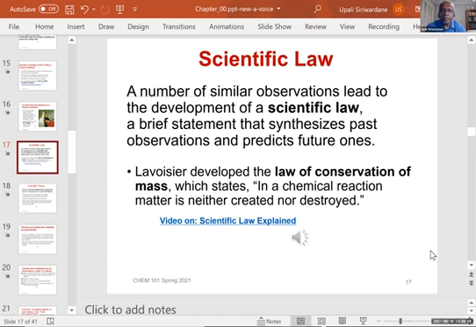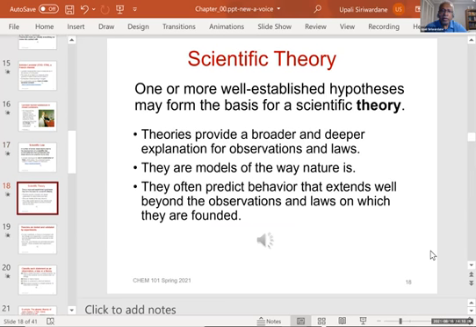In a chemical reaction, matter is neither created nor destroyed. Do you see that this is one of the first scientific laws in chemistry, before atomic theory came into being? A scientific theory combines all the well-established hypotheses to form a basis.